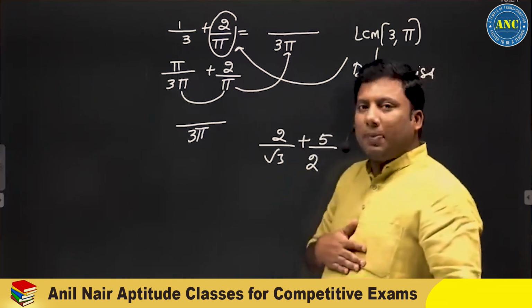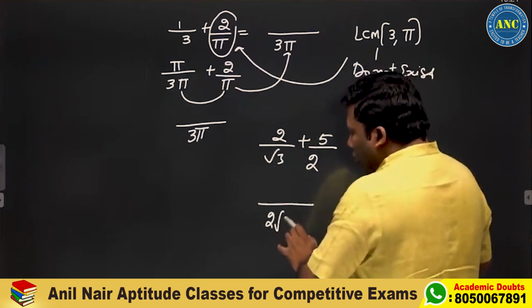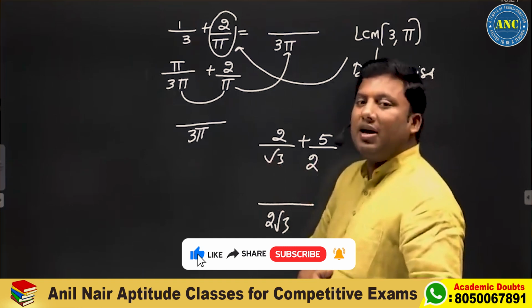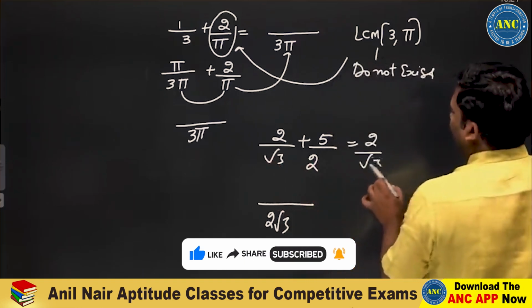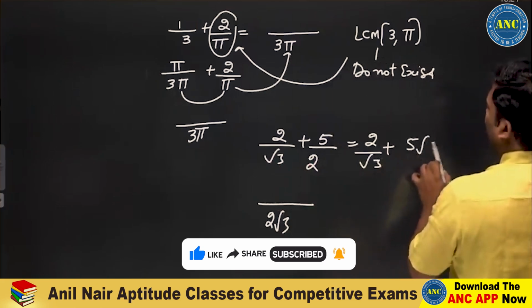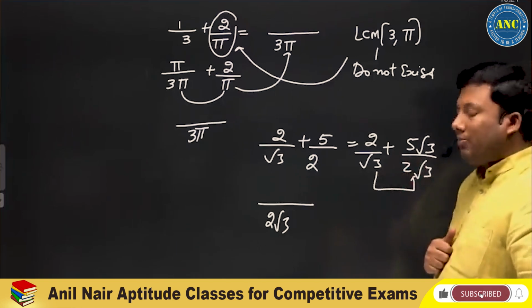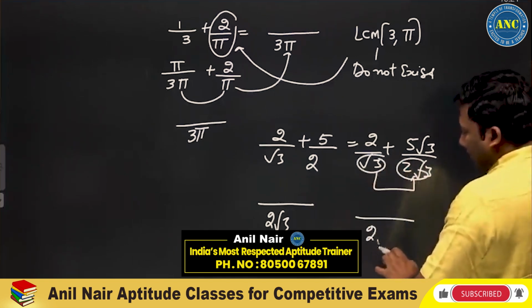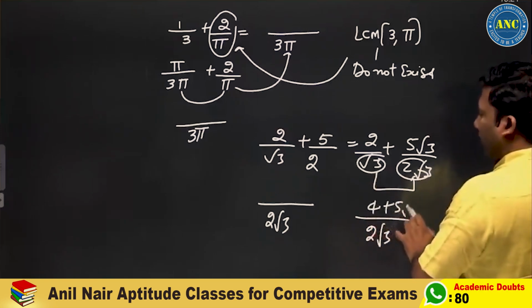Sir, I am taking the LCM as 2 root 3, but it is an irrational number. Why is it possible? It is possible because I am writing it as 5 root 3 by 2 root 3. So root 3 and 2 root 3, both became the same family of irrational number. Then the LCM will be 2 root 3. So this will be 4 plus 5 root 3.